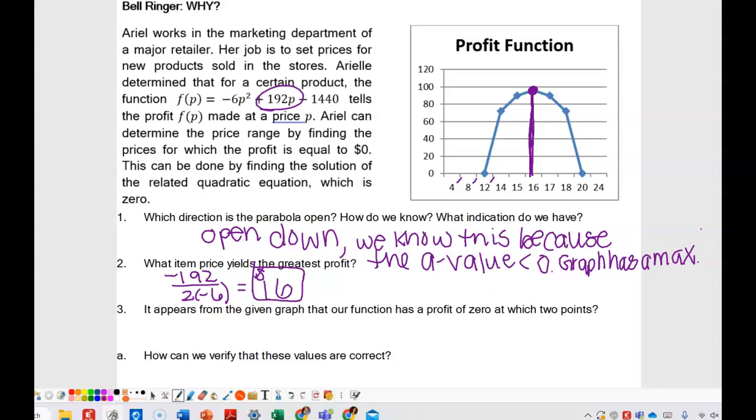If this 16 represents the middle of the curve, we know that these points have to be an equal distance to the left and to the right. We also know that those points have to occur when negative 6p squared plus 192p minus 1,440 equals 0.